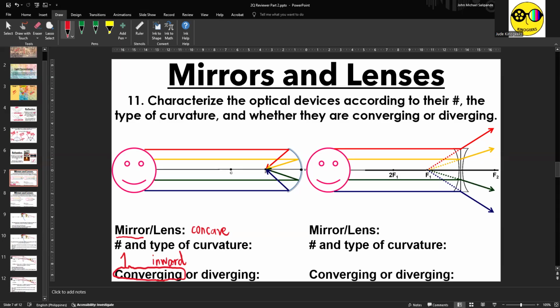Okay, next. For the second ray diagram, you have an optical device wherein you have two curvatures, and both curvatures are considered inward as well. So because this is inward, we can also call this concave, but since there's two of them, we classify it as a biconcave lens.